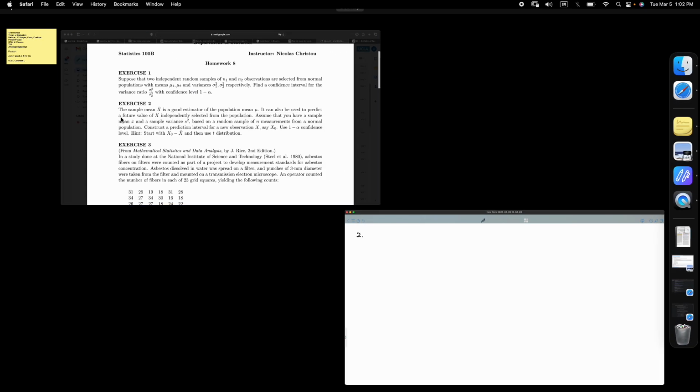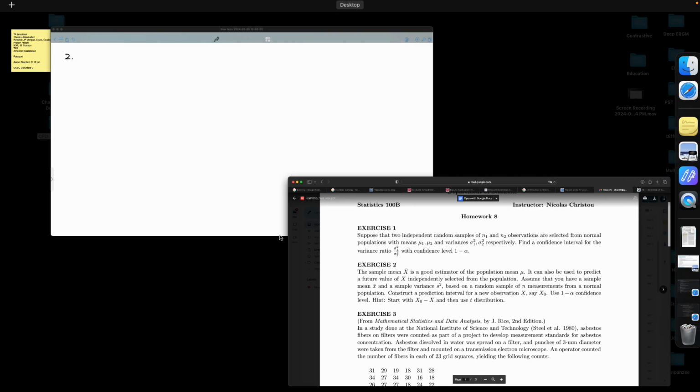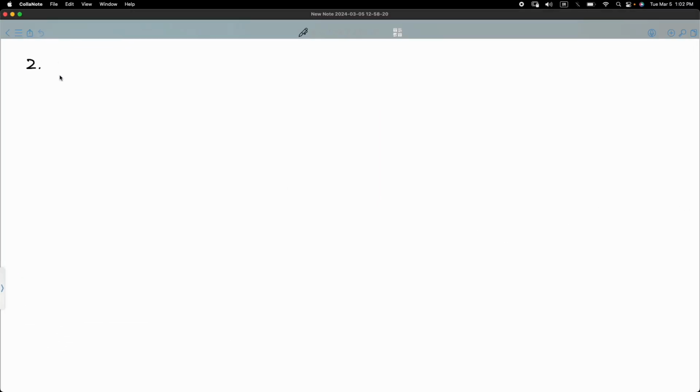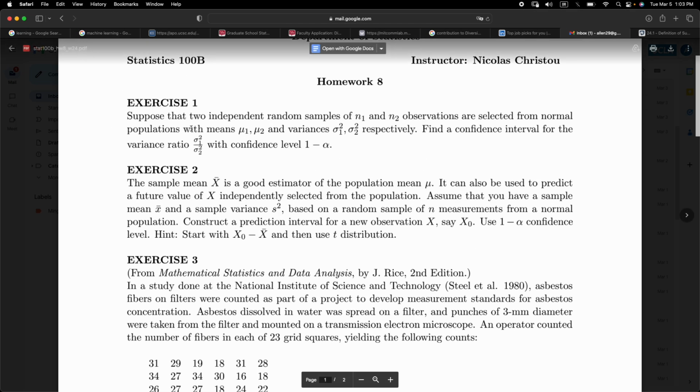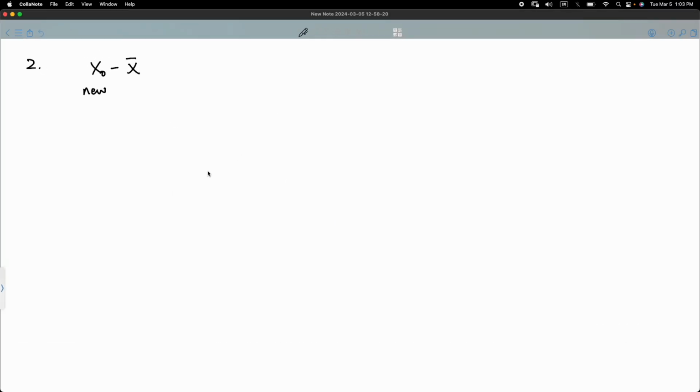Actually, just referring to the hint, either way, x0 here is defined as your new observation, and we want a prediction interval for this new observation. We do that by using the confidence interval for x0 minus x bar, and that is coming from the hint.